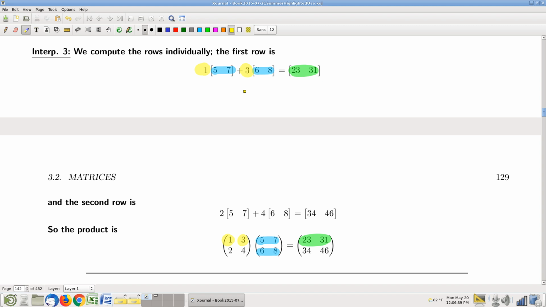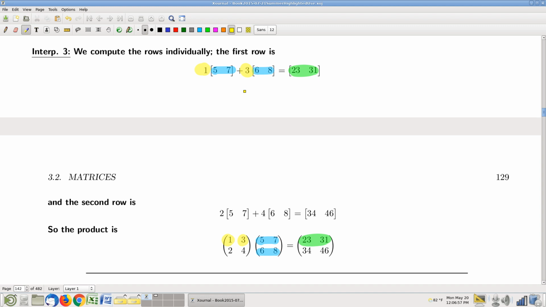And likewise, the second row of your product using the second row of the left matrix as your coefficients. All 3 of these give you the same answers. Ultimately, all 3 of them are kind of doing all the same arithmetic.